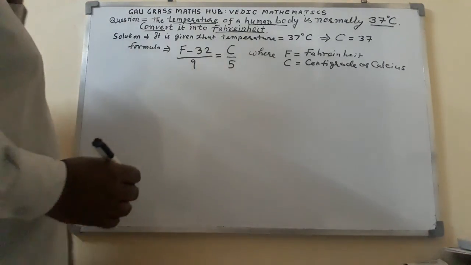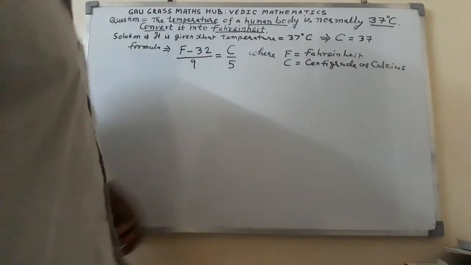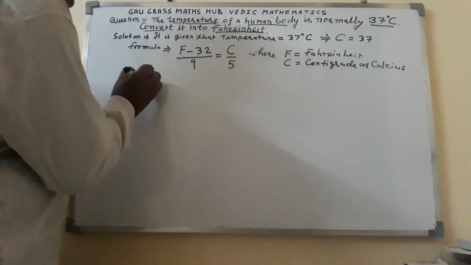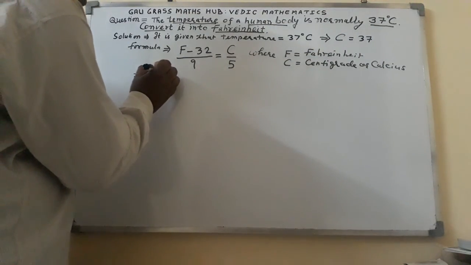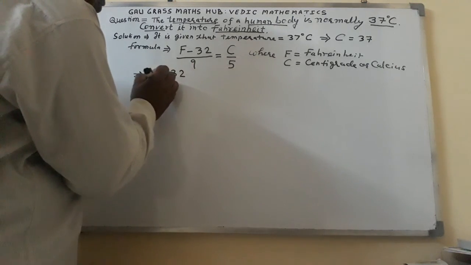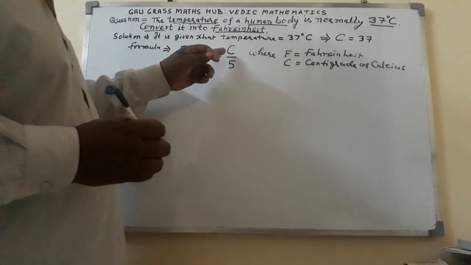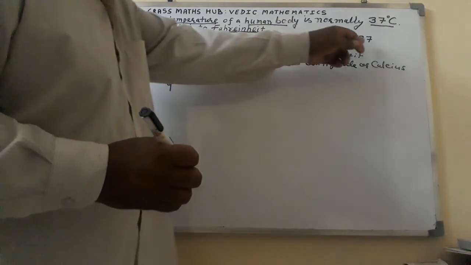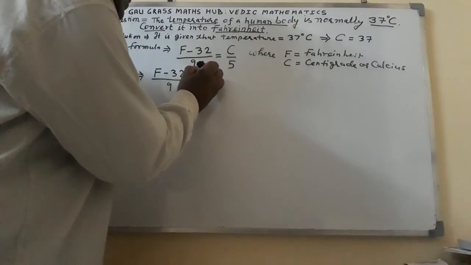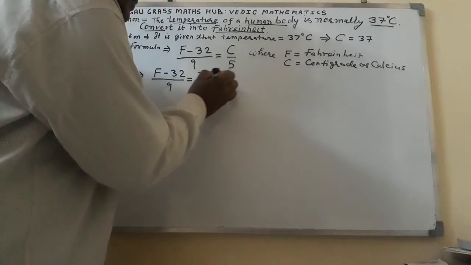So here we have got C equal to 37. So here I shall write (F minus 32) whole over 9 equal to the value of C, 37, I shall put here, 37 over 5.